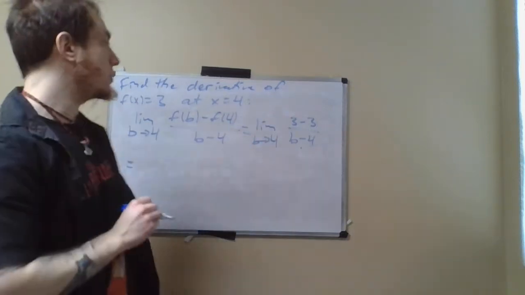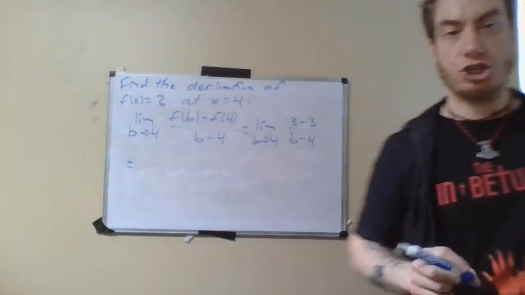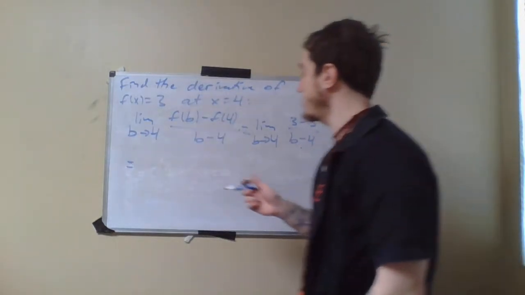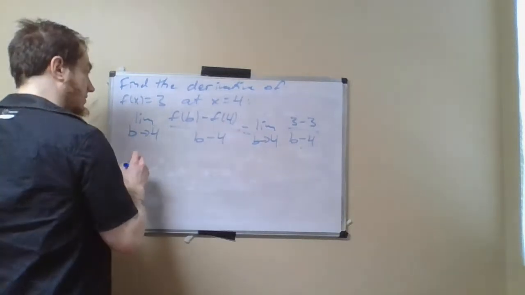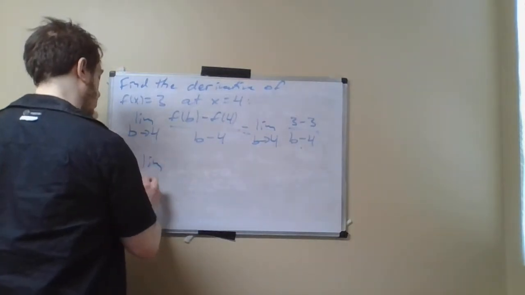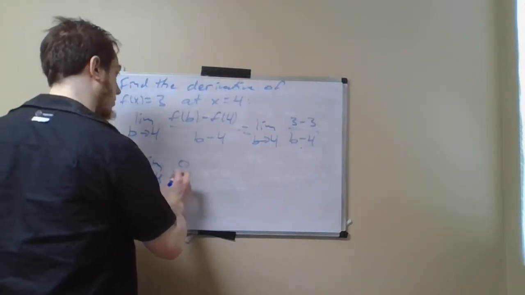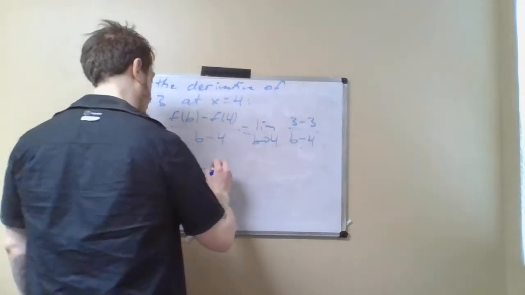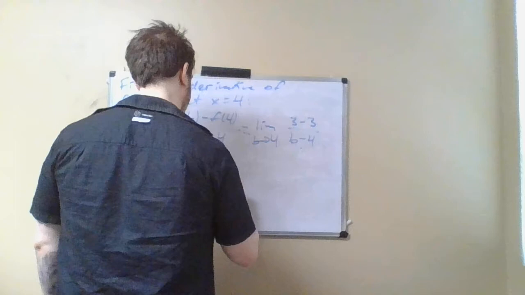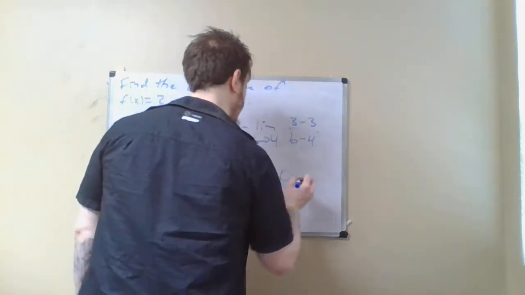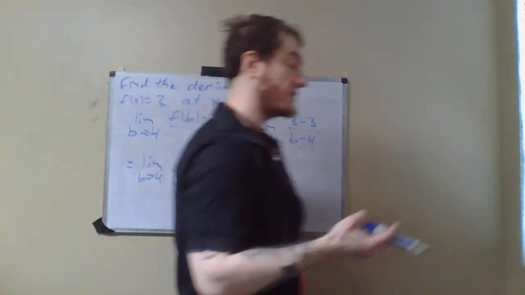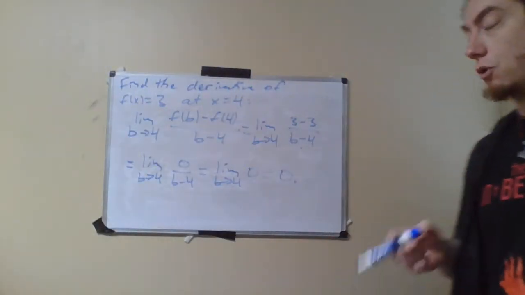And because we can just change a fraction by canceling things in the numerator and the denominator without changing the limit, since this is the limit as b approaches 4 of 0 over b minus 4, this is actually just the limit as b approaches 4 of 0, which is 0. That was a very lengthy way of showing that this limit is in fact 0 by the limit laws.